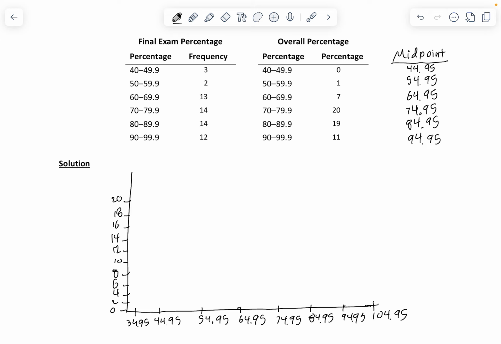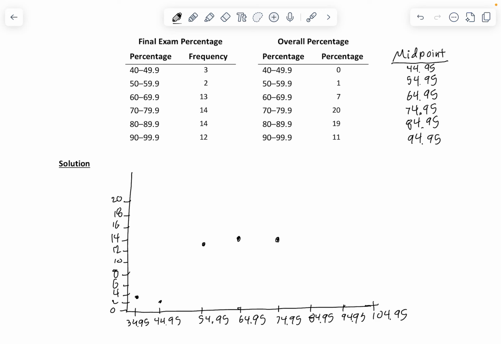Let's start with this frequency distribution. The first one has a frequency of 3, and then 2, and then 13, which is up about there, and then 14, which is just a tad higher, and then 14 again.